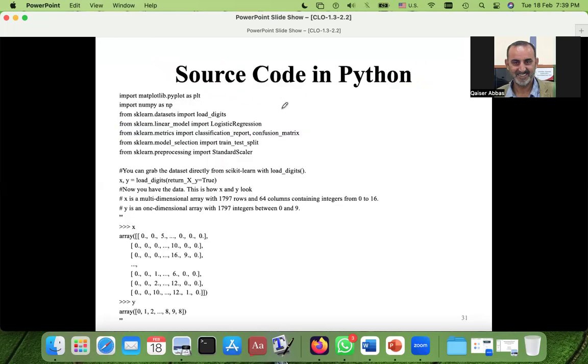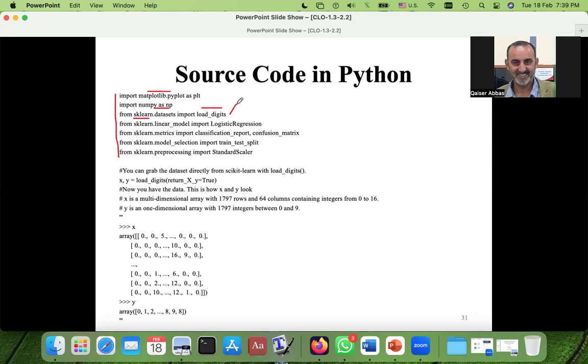This is now the source code for implementing logistic regression. Here, if you see, I'm just importing some libraries. So matplotlib, numpy, and I am loading the data set which has the name load digits. This load digits is available in the sklearn library. It will have only numeric values.